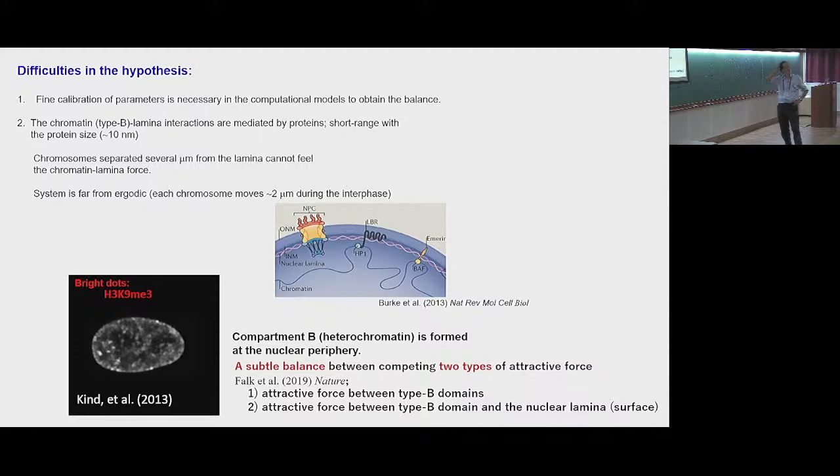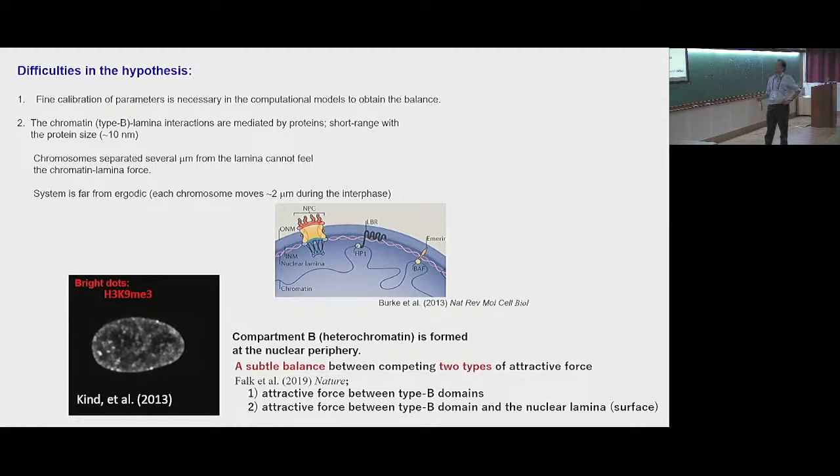So the necessity of the fine-tuning feels somewhat strange. That is one thing. And second is that the attractive force between type B domains and lamina is mediated by proteins like LBR. There are several proteins of this kind anchoring the heterochromatin region to lamina.